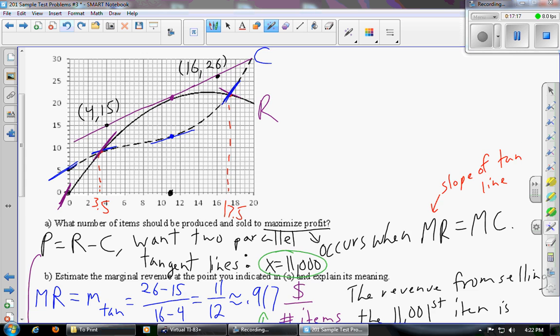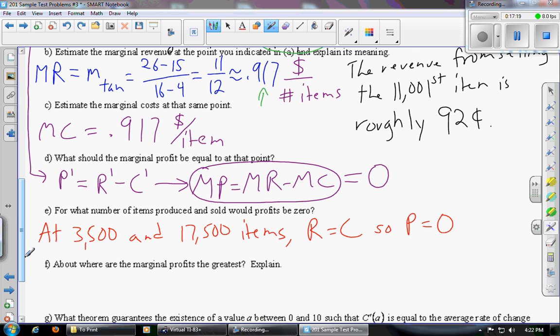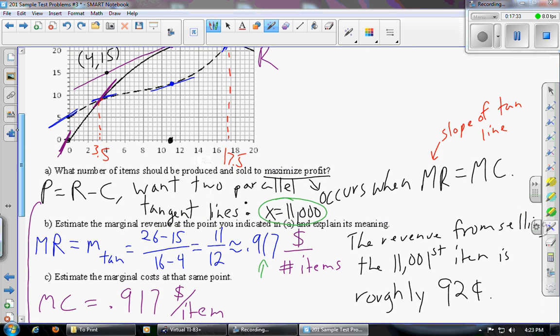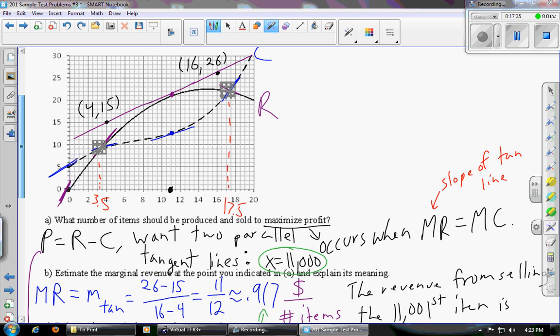So, circled in purple there, marginal profit is marginal revenue minus marginal cost. If I want marginal profit to be big, the marginal revenue has to be bigger than the marginal cost. So we want places where the revenue tangent lines are steeper than the cost ones. So for the revenue tangent lines to be steeper, I think that means we're towards the left-hand part of this picture. So don't pick that point out there to the right.